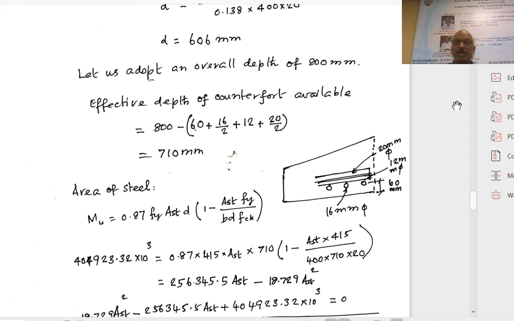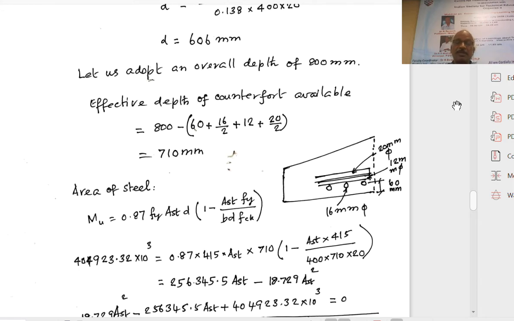At the bottom straight away you cannot provide a 60 mm cover. Already we have the main reinforcement and distributors for the toe slab, only on the top of which you have to provide the reinforcement. Therefore, the cover calculation here is very important. So effective depth is equal to 800 minus 60 mm is the effective cover, plus half the diameter of the main bar of the toe slab, 16/2, plus 12, all these things are subtracted from 800, right?